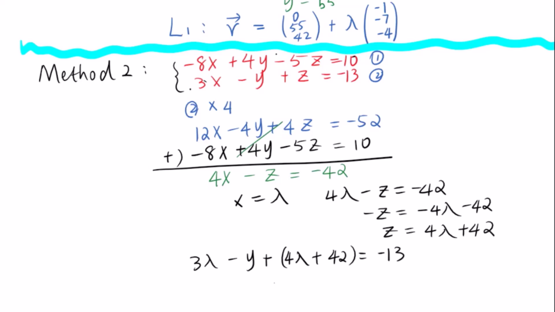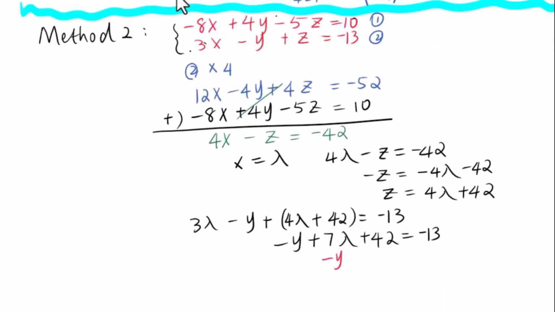Combine like terms, negative y plus 7 lambda plus 42 equals negative 13. Negative y equals negative 7 lambda minus 55. y equals 7 lambda plus 55.